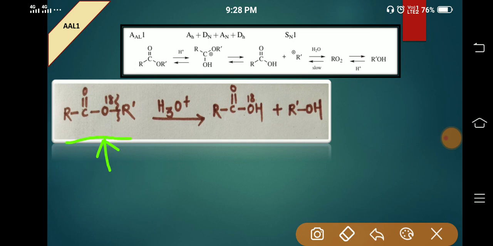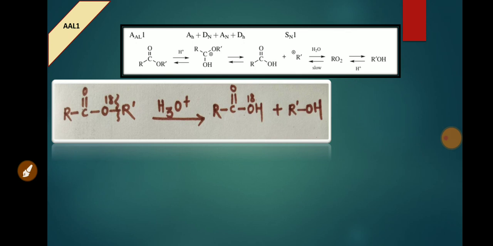So the hydrolysis of an isotopically labeled ester can show evidence that alkyl cleavage is carried out, such that the isotopically labeled oxygen is observed in the acid molecule and not in the alcohol molecule, indicating that there is alkyl oxygen bond fission.